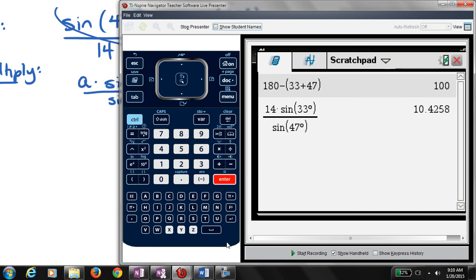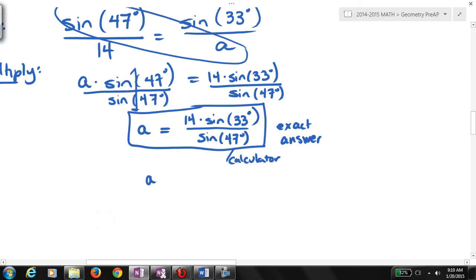You did want us to round to the nearest tenth for the side measure, so I'm going to say that A is approximately 10.4.